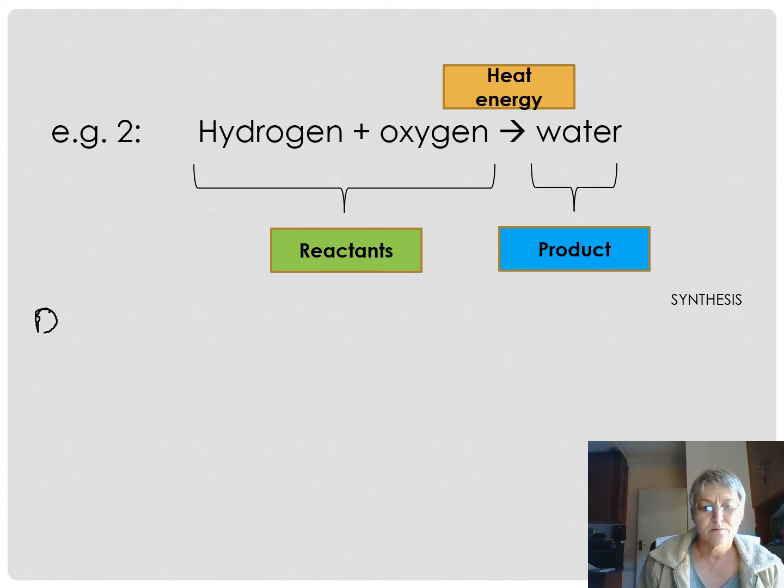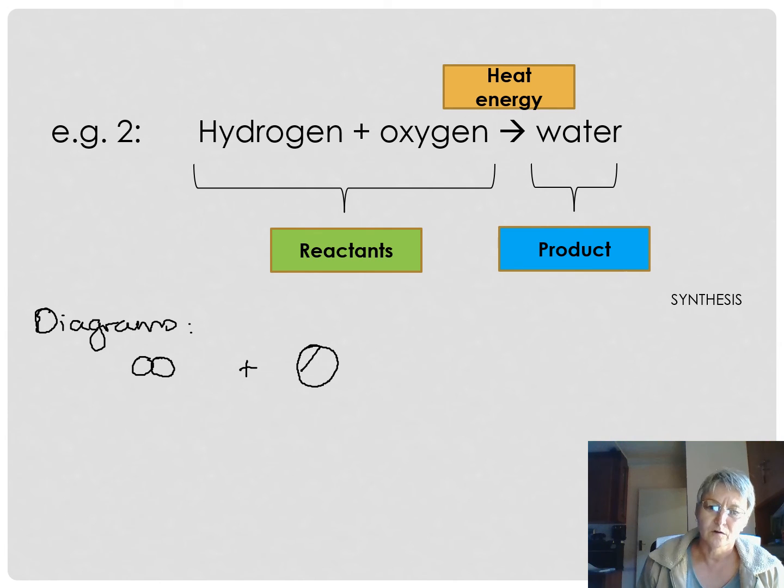In diagrams, we must remember that hydrogen is diatomic, so it is a molecule formed by the chemical bond between two hydrogen atoms. Oxygen is also diatomic, but the atom of oxygen is much bigger than the atom of hydrogen.